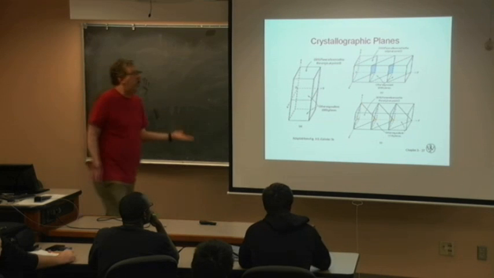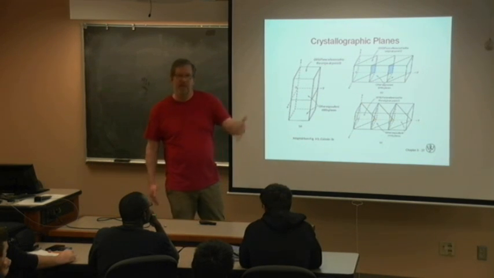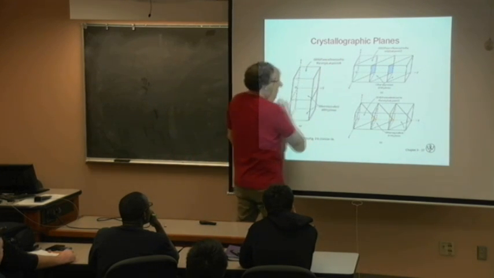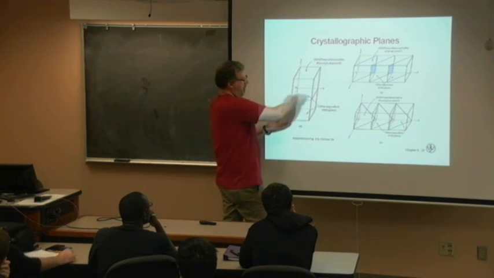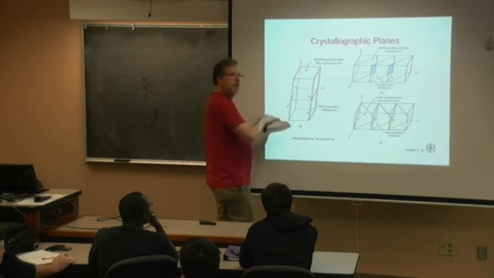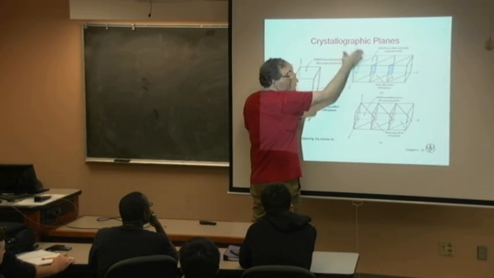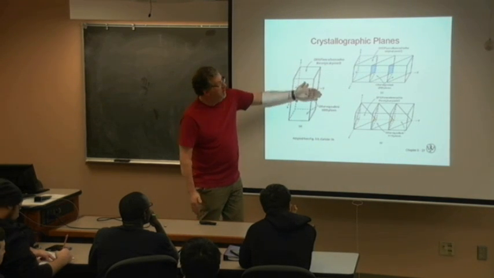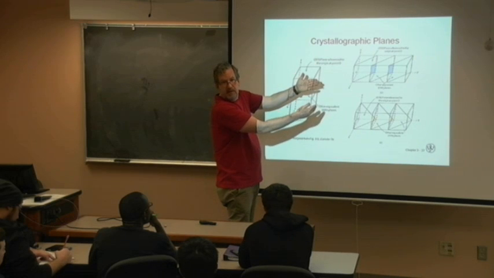But I do hope you understand at least the difference between a point, a line, a plane. I have a 1, 0, 0 plane, and here's the 0, 0, 1, so I'm going to have a certain plane and a certain density on that. And maybe when I go to the 1, 1, 0, I'm slicing through the material at a different angle, and therefore I'm going to see different atoms on there, different spacings, and so forth.